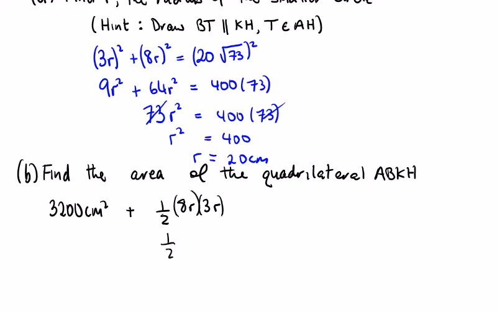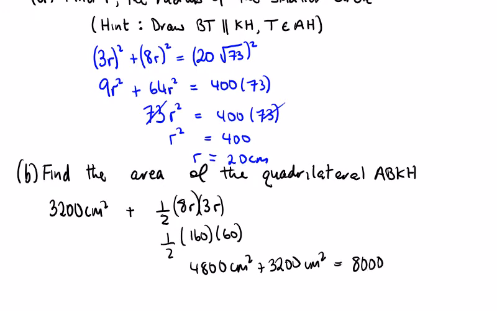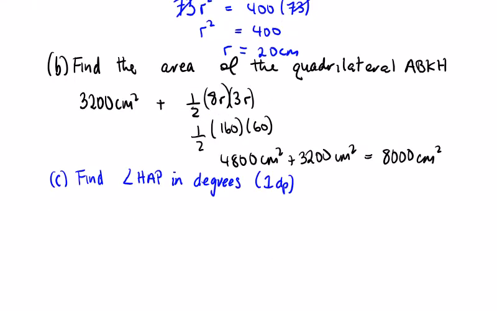So half of 8 by 20 is 80, 3 by 20 is 60. So we have 30 by 160, which is 4800 cm squared plus 3200 cm squared is going to give me an even 8000 centimeters squared.